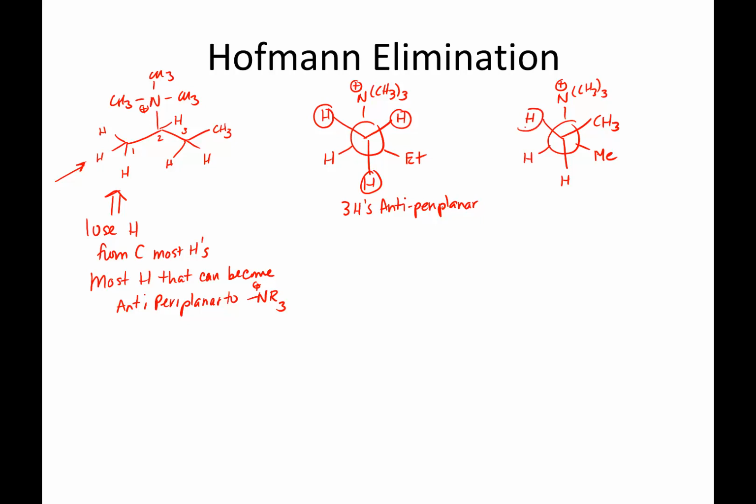Now, first of all, there's only 2 hydrogens that can become anti-periplanar. So that reduces the likelihood of losing an H+, but it's more than that. Notice that this methyl group is not in the most stable conformation here. The most stable conformation would probably look like this.